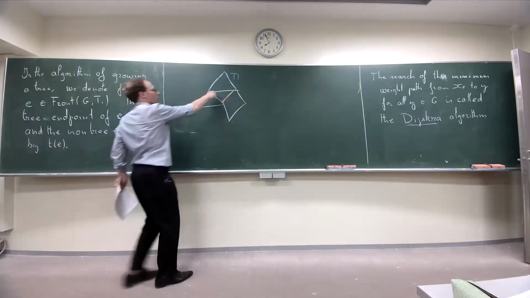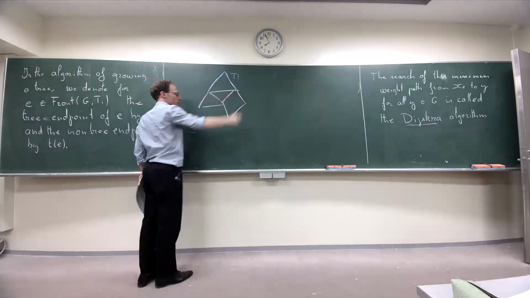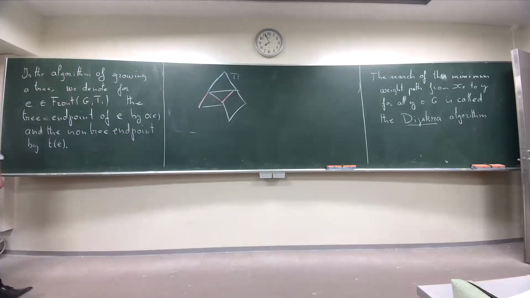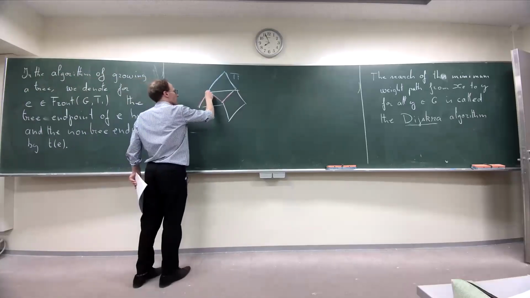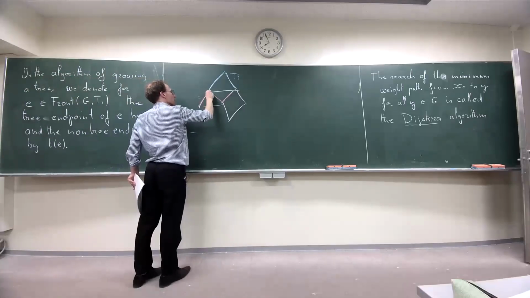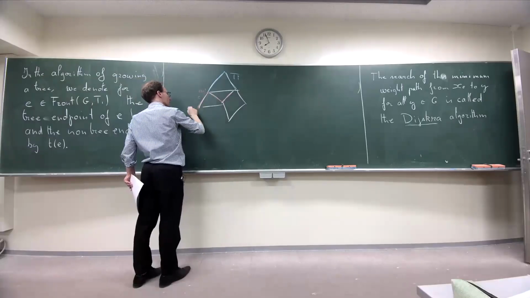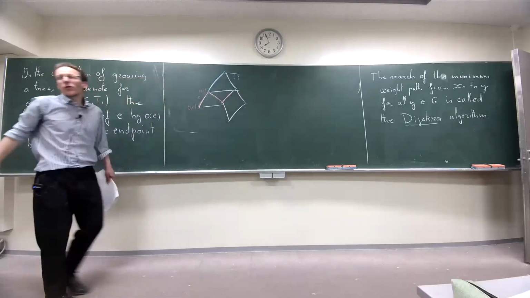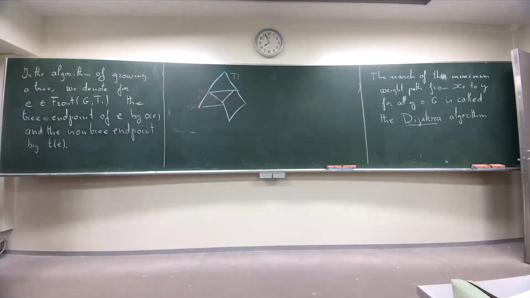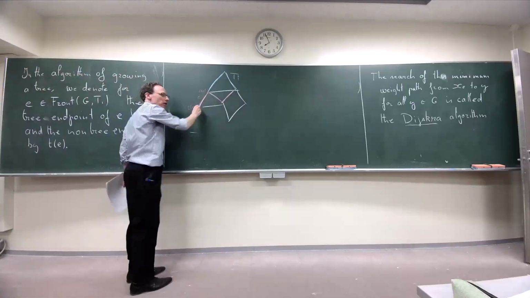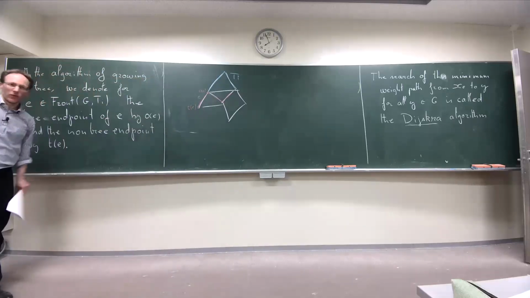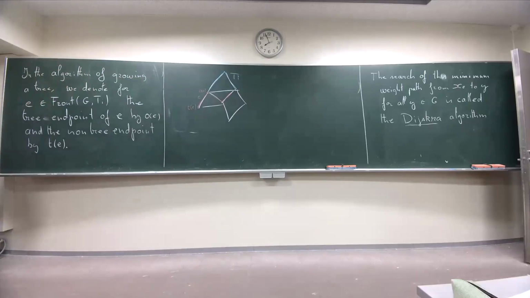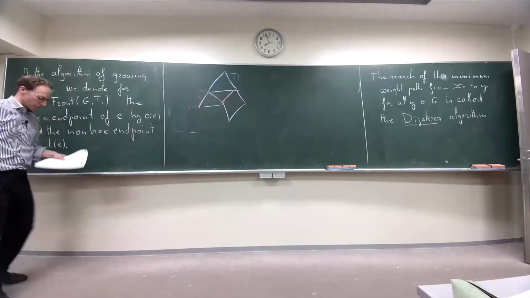That's why this one is not in the frontier, because it has two endpoints in the tree. So suppose I call it E. This point is O of E. This one is T of E, even though there is no orientation. Because some points are in the tree, some are not, I can call them O of E and T of E: the origin of E and the target of E.